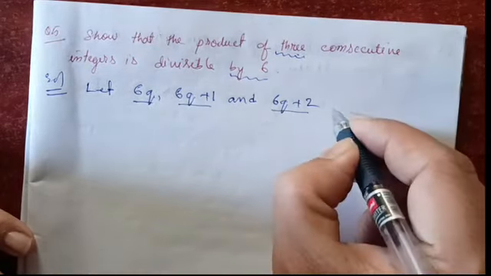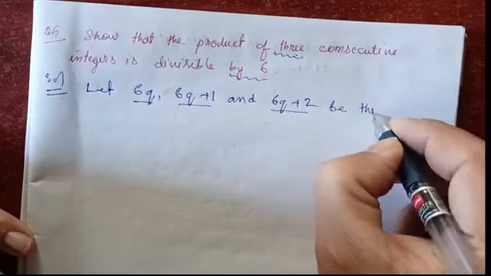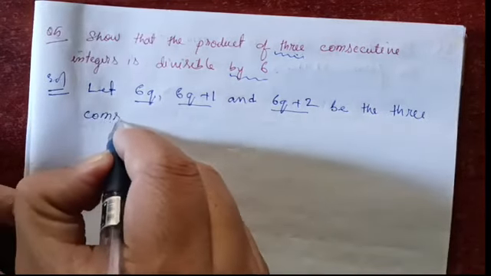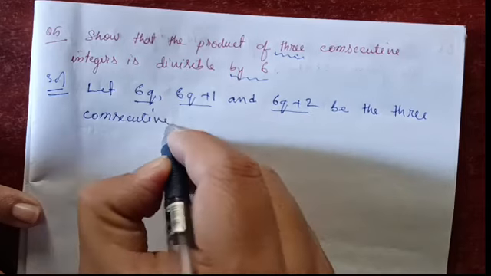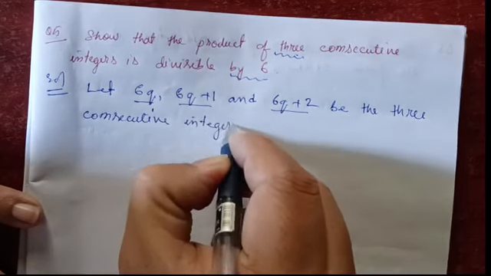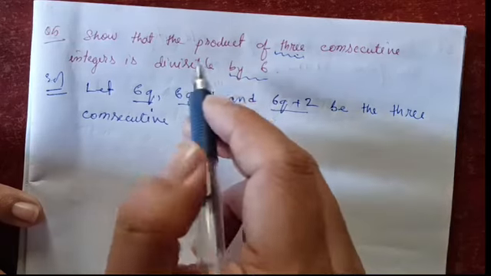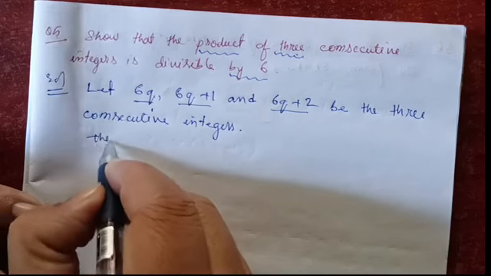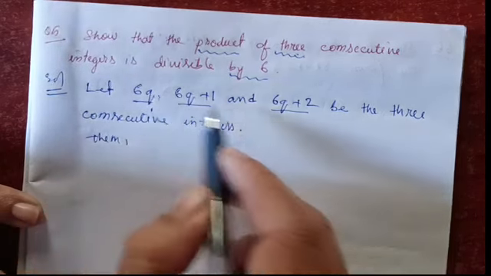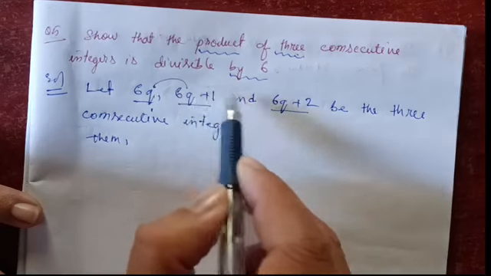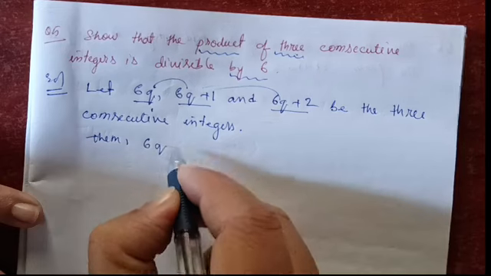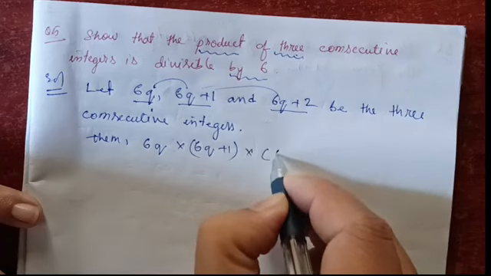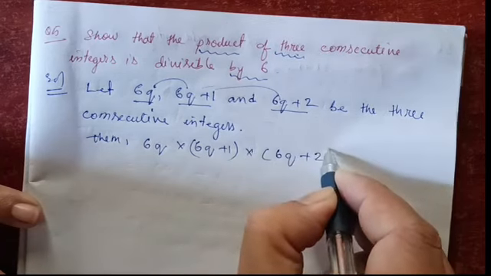Let us continue writing: be the 3 consecutive integers. Again read the question. It says product, so let us find the product. In order to find the product, we will multiply all these: 6q multiplied with 6q plus 1, next is 6q plus 2.